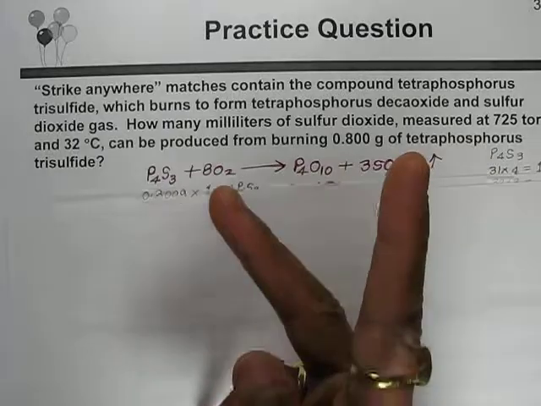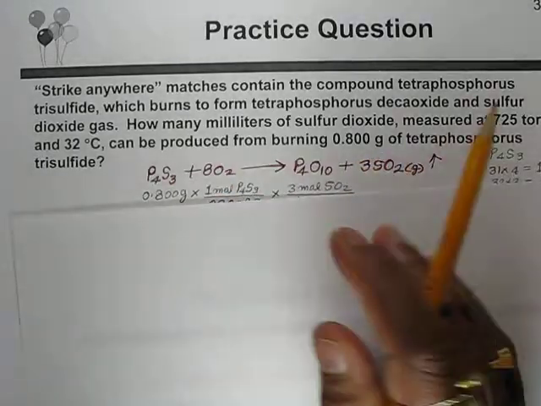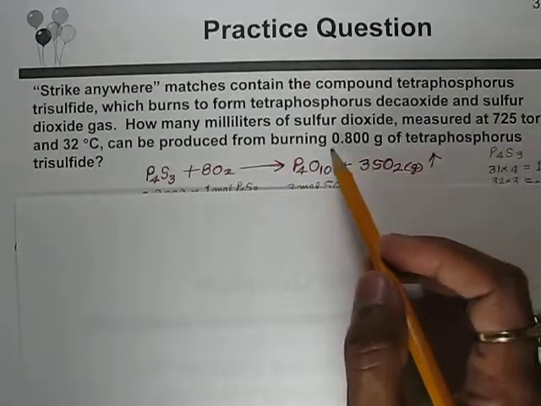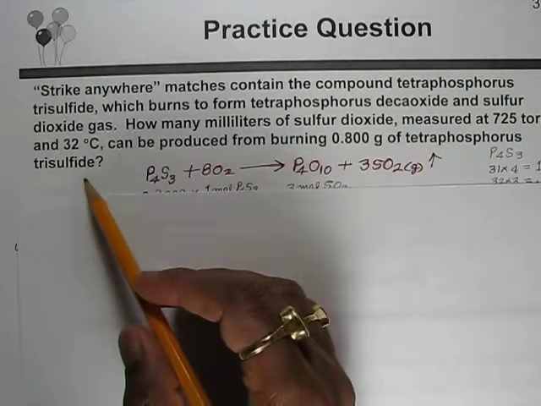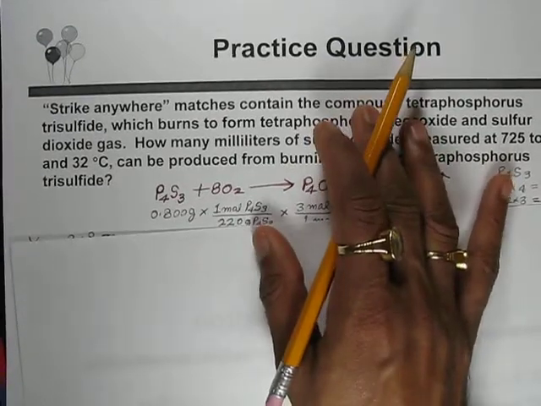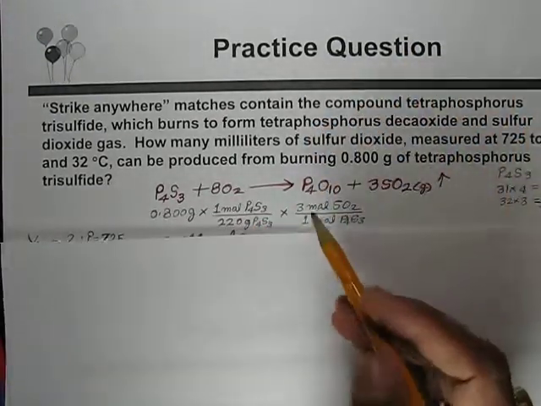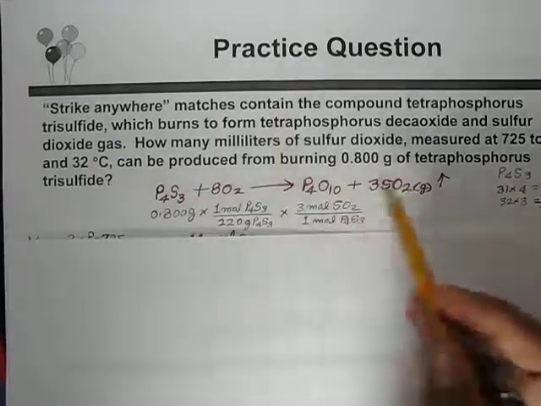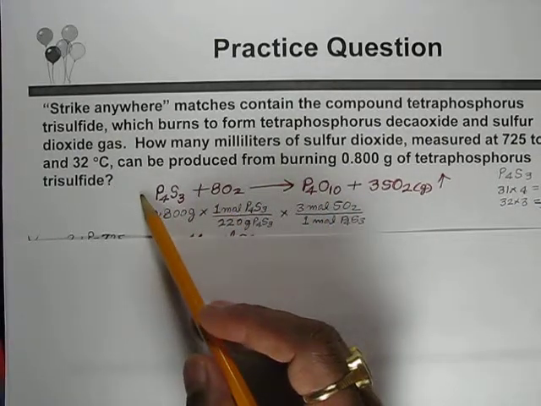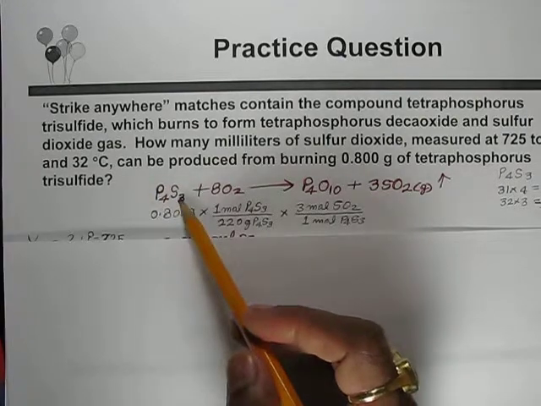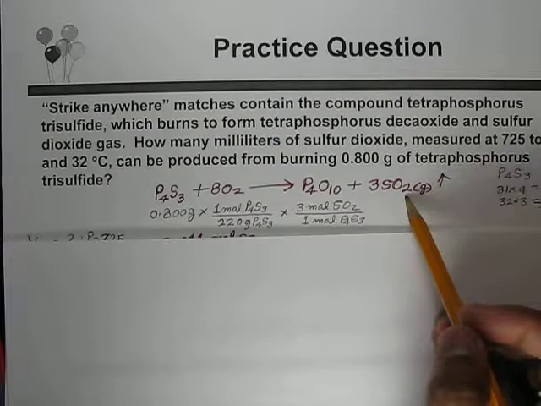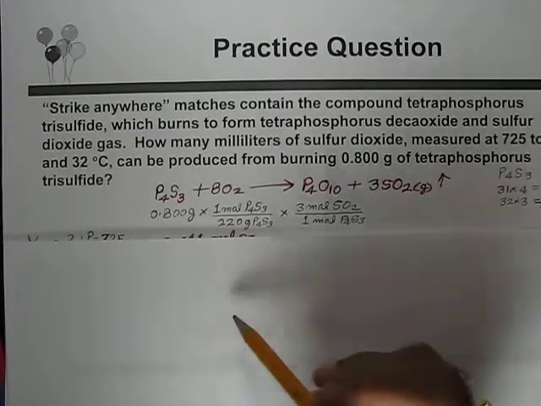So these are the first two steps, and then you can see they have given that 0.8 gram of tetraphosphorus trisulfide was used. If you see the mole ratio between the reactant and the product, 1 mole of tetraphosphorus trisulfide gives 3 moles of sulfur dioxide gas.